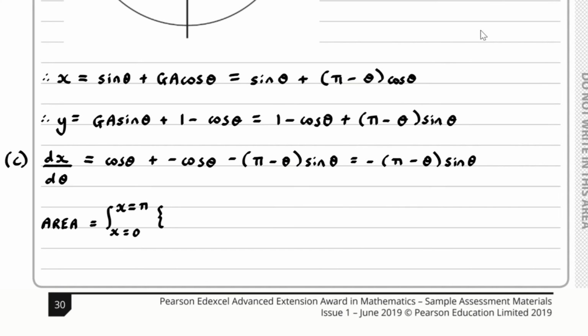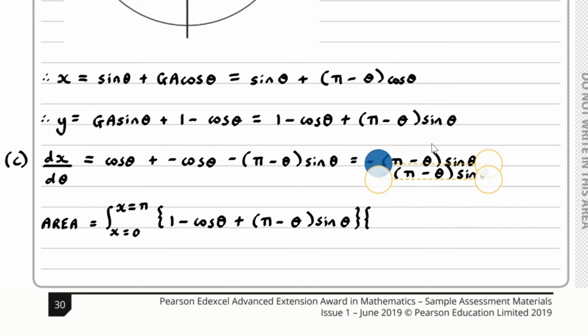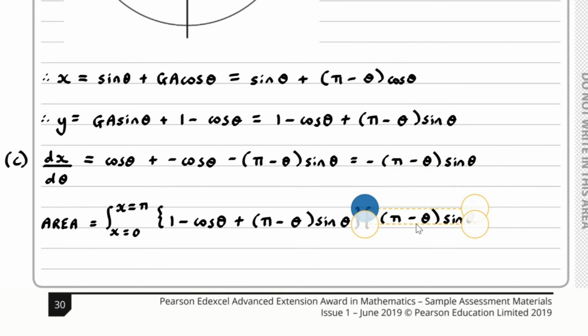We've got our function y, which is this over here, and then we've got to multiply this by this, which is dx over d theta, and then I've got d theta. So this is what I need to work out.